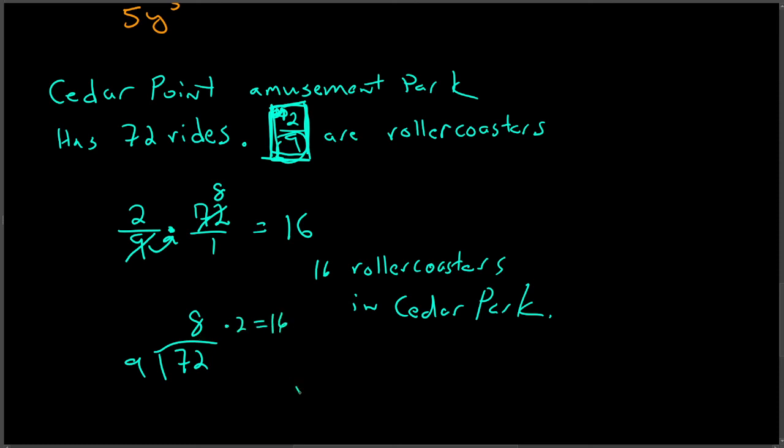Right? This is kind of how the words come out. 2/9 are roller coasters, or 2 out of every 9 are roller coasters. But writing 2 out of 9 as a fraction lets us do this as one quick multiplication, or at least organize the multiplication. All right, that was section 3. We will continue onward through our chapter 4 discoveries.